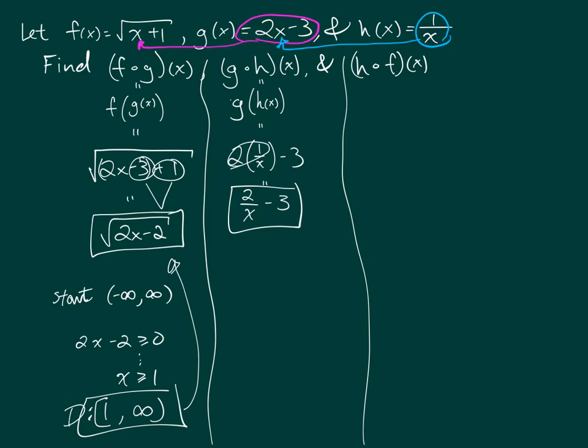So now what is the domain of this function? Well, first we have to look at the function that we are putting into the other, the inside function h of x. And with this, the domain just of that function, I'm going to start at negative infinity all the way over to infinity, but this function doesn't allow x to be 0.